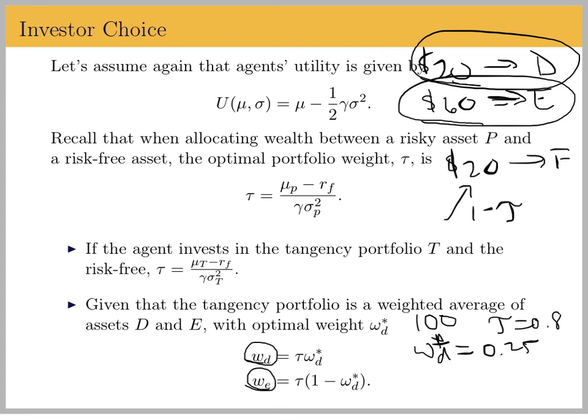So the W sub D and W sub E are computing the overall portion of my wealth that goes into D and E, factoring into consideration the amount of money that goes into the risk-free portfolio. And so all I've done is to compute those numbers as I say what fraction is going into the tangency portfolio, say 80%, times whatever portion of that is going into D. That will yield the overall portions of my wealth going into those two assets.